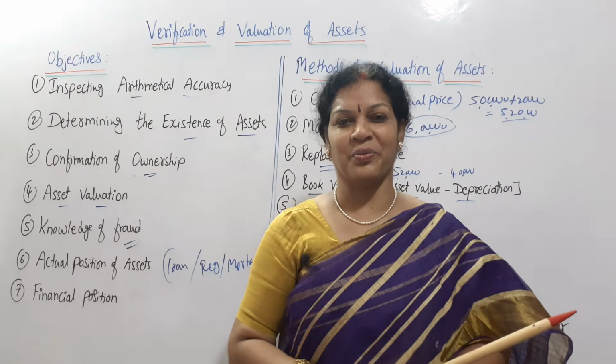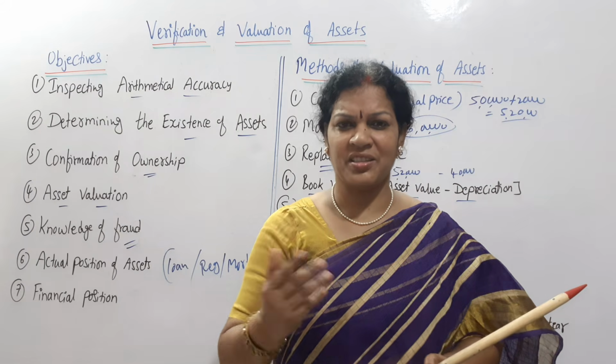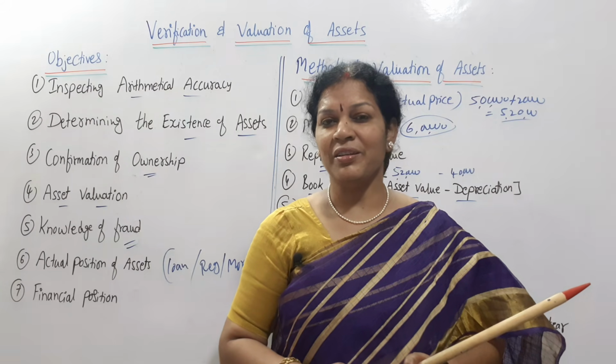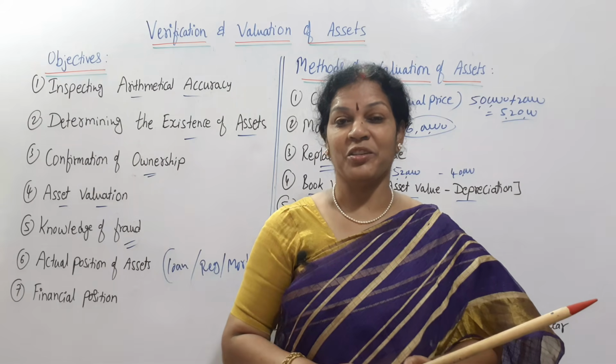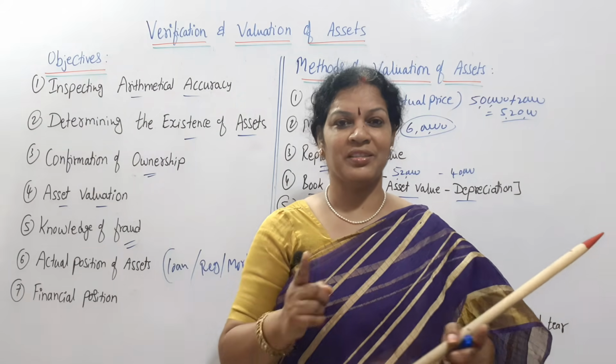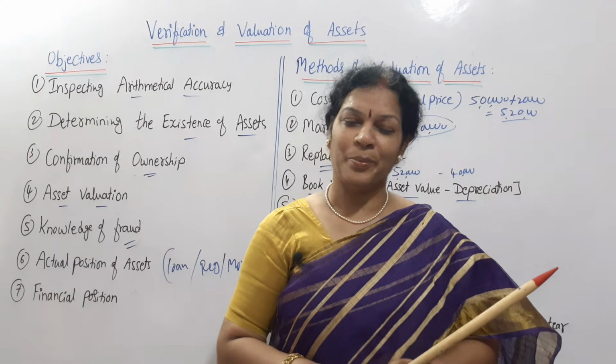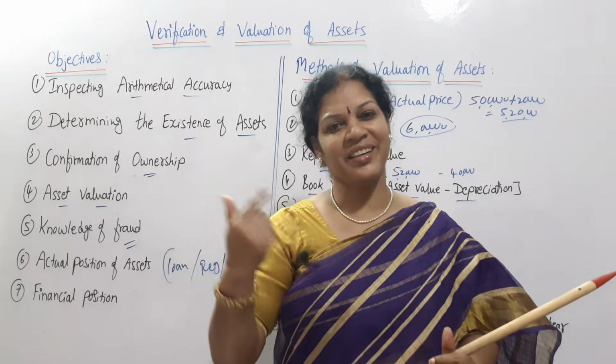He has to be very careful. So this is only the introduction. In the next class we will see how to evaluate the assets and how to verify the assets. After that we will go to liabilities also, verification of liabilities and valuation of liabilities. Important topics. If you understand the basics, we can go ahead.